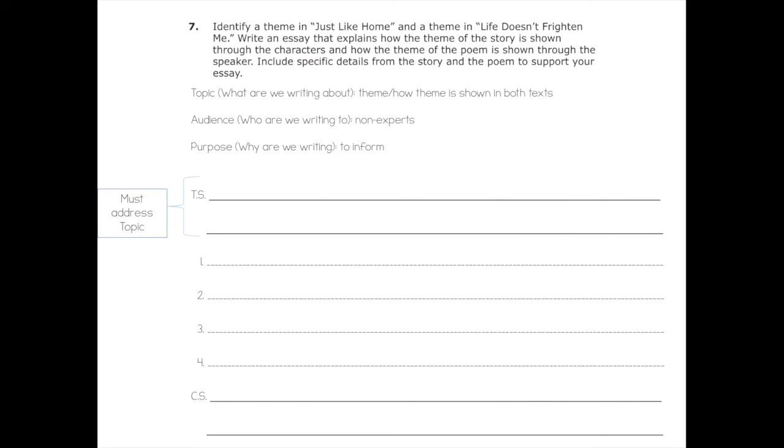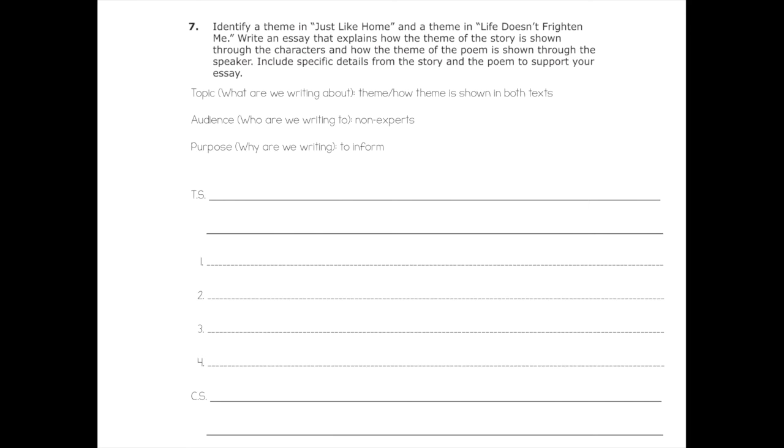I need to make sure of a few things with this outline. First, I know that my TS needs to address our topic, how theme is shown in both texts. Second, I know I need to include information from each text, both from Just Like Home and from Life Doesn't Frighten Me.